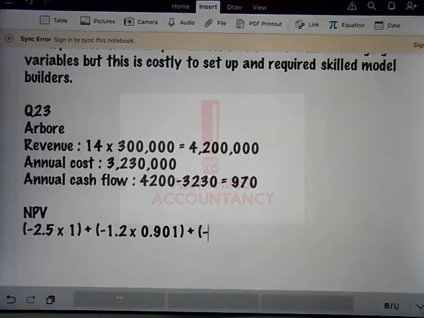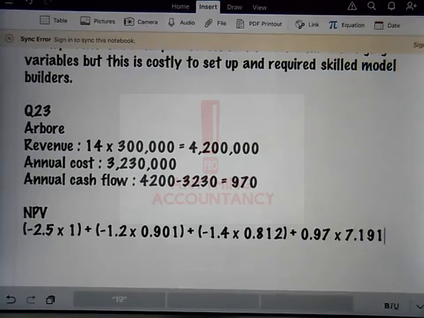Is minus 1.4 times 0.812, okay, plus 0.97 times, 15 years is 7.191 times 0.731.